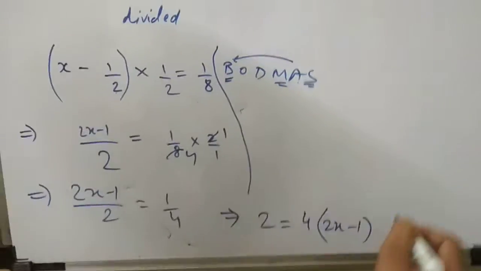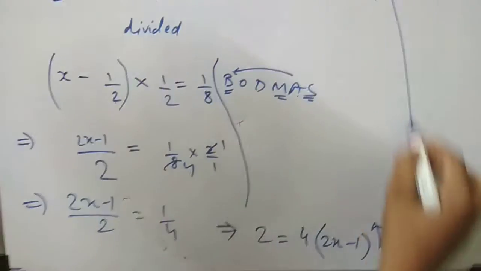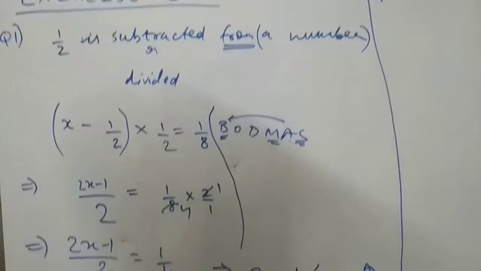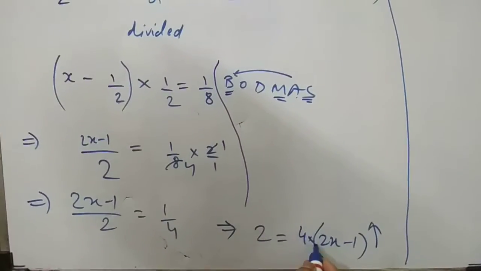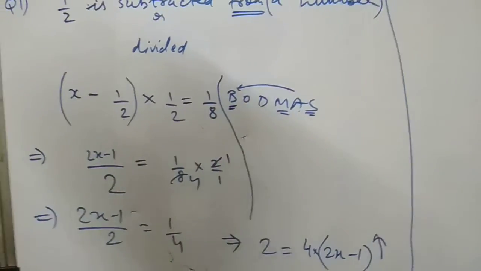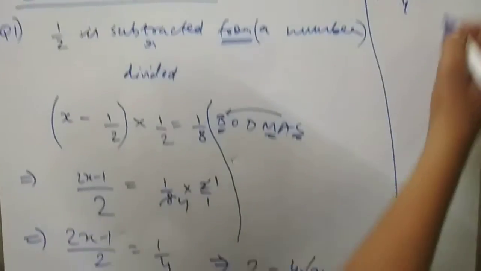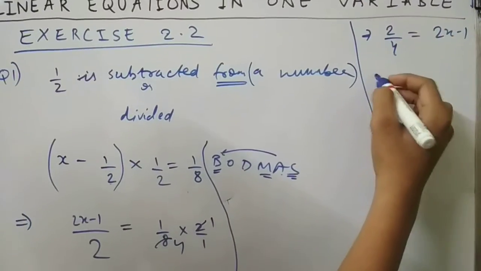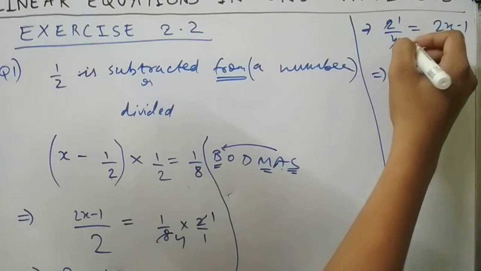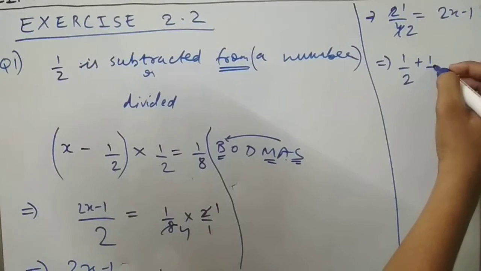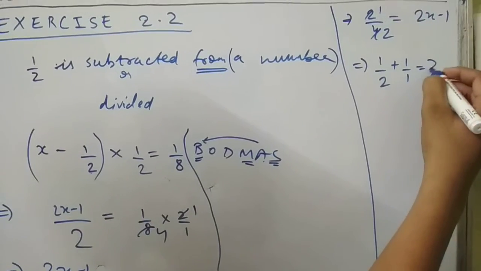So now again you can see 4 is an individual term, 2x minus 1, nothing is in multiply. Let's transpose this to the LHS. So 2 by 4 equal to 2x minus 1. This implies 1 by 2. Now this minus 1 goes to the LHS as plus 1, equal to 2x.